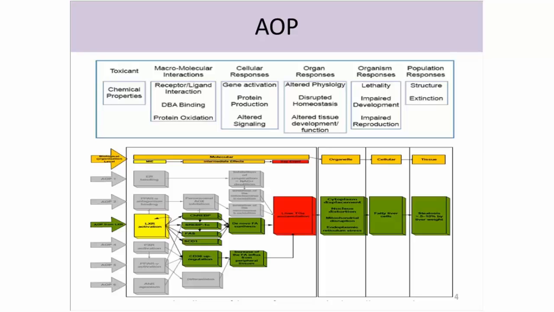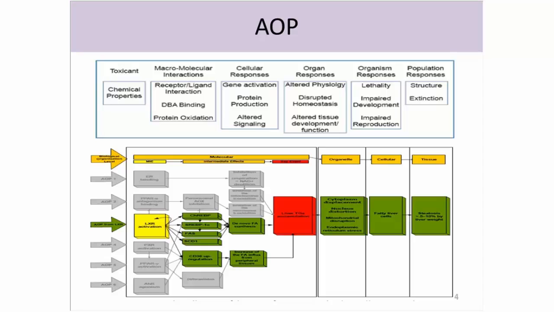Usually the adverse outcome pathways are described grouping these events connected to each other according to the level at which they are in the biological system. So they are grouped according to whether they are related to the toxicant or the initiating event, the cellular level, the organism, or after that the population.